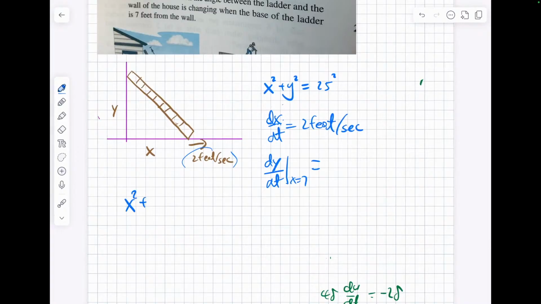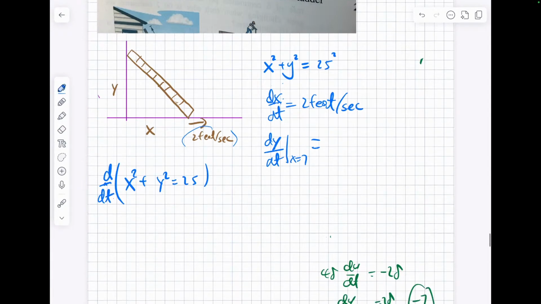So we're going to do x squared plus y squared equal to 25 squared. The calculation is super easy. I'm gonna tell you that constant becomes your best friend, because if I take the derivative of this with respect to time, not x, it'll be 2x dx/dt plus 2y dy/dt.